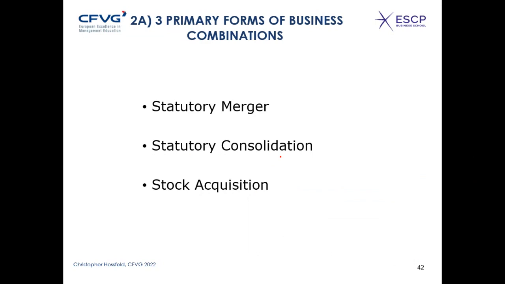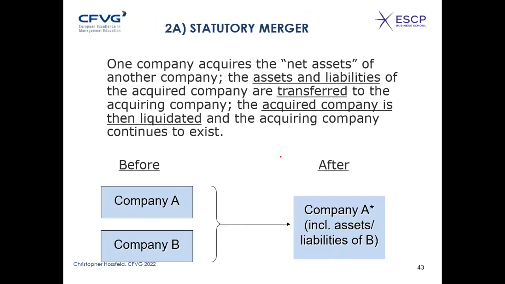In a statutory merger, what happens? Before the merger, we have two independent companies, A and B. Now in the statutory merger, company A will buy all the assets and all the liabilities of company B. And once company B has sold all its assets and all its liabilities, obviously there's nothing left of company B. It is only an empty shell.